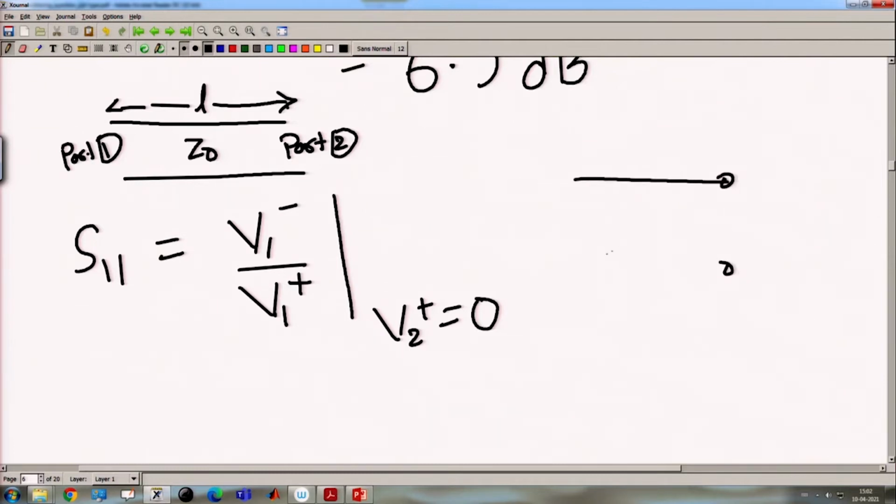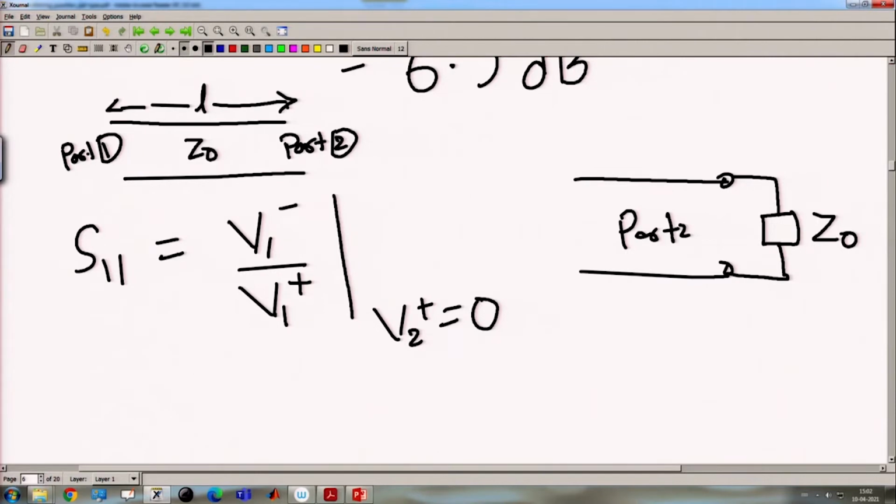That means there will be no reflected wave from the load. So, V2 plus equals 0 and port 2 is terminated with ZL equal to Z naught.